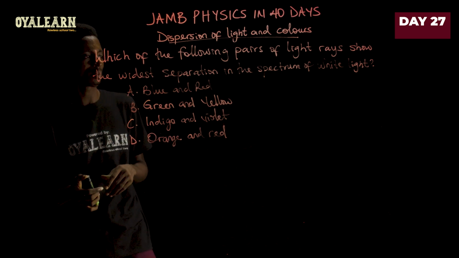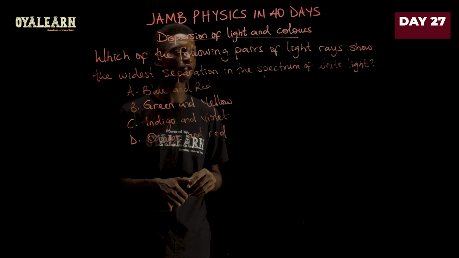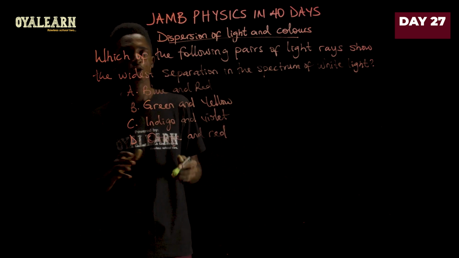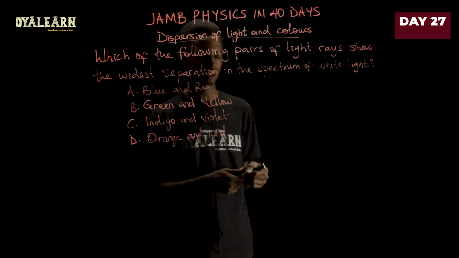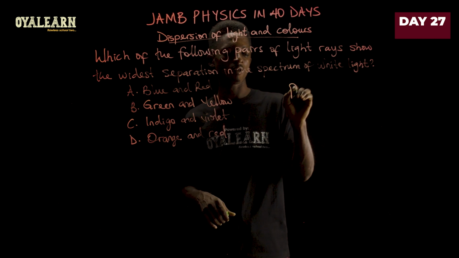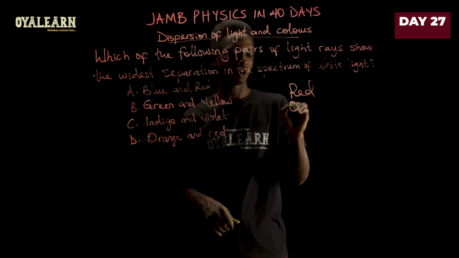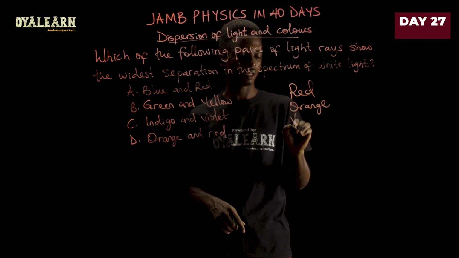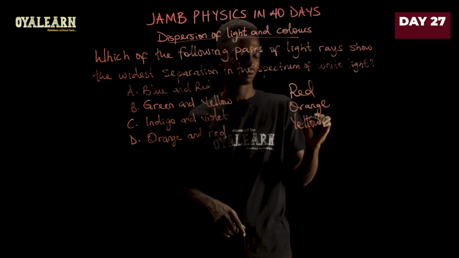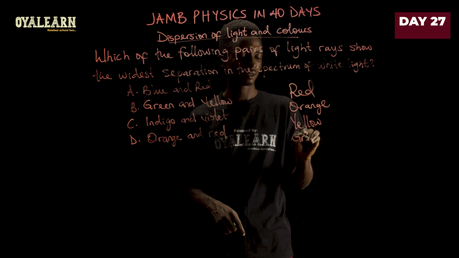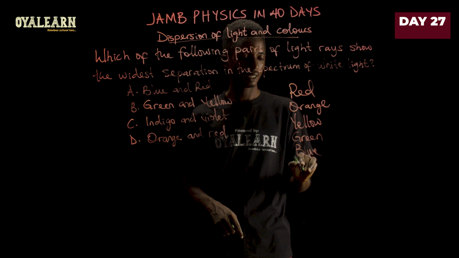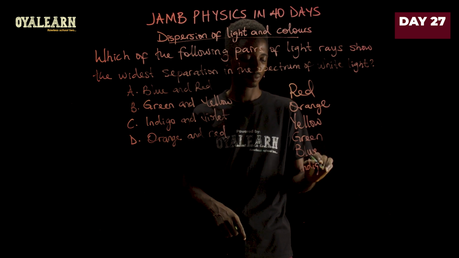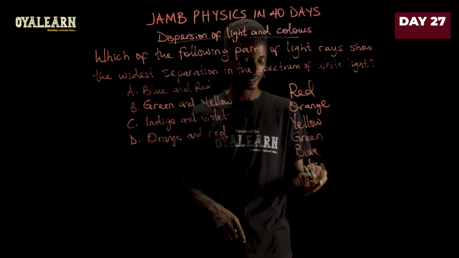Now, in this question, we see it says which of the following pairs of light rays show the widest separation in the spectrum of white light. So let's look at what white light consists of. White light consists of red, orange, yellow, green, blue, indigo, and violet.